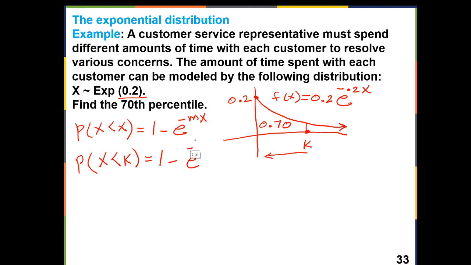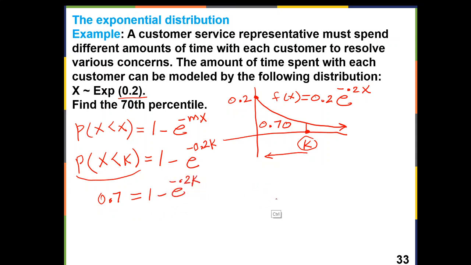So it is 0.2 and then k, right? 0.2k, because x is k, right? Okay, now, what is this probability supposed to be? It's supposed to be 0.7 or 70%. 1 minus e to negative 0.2k.